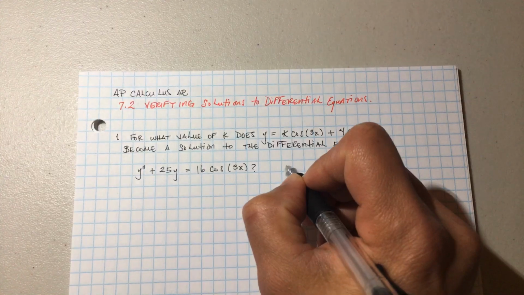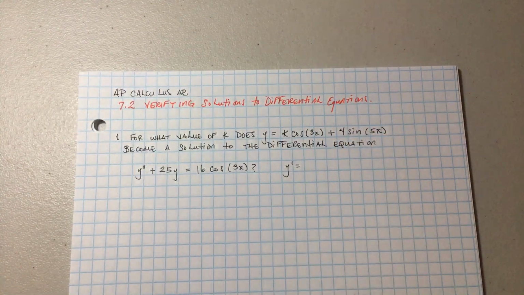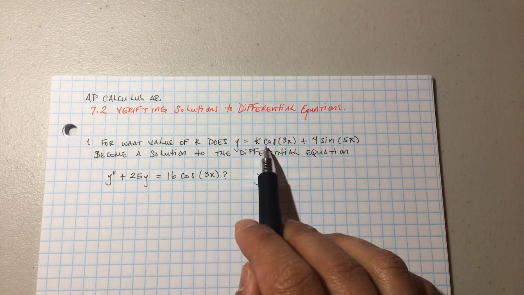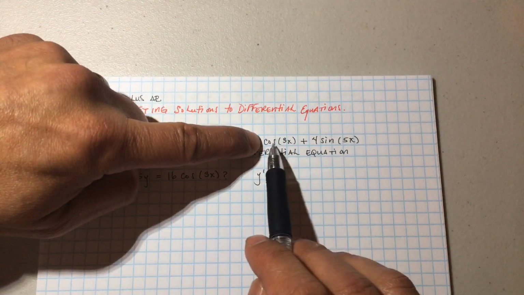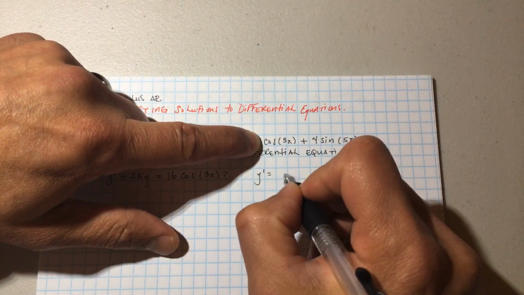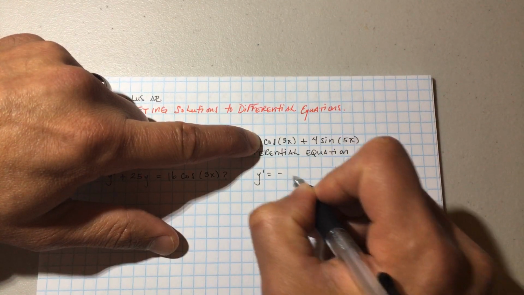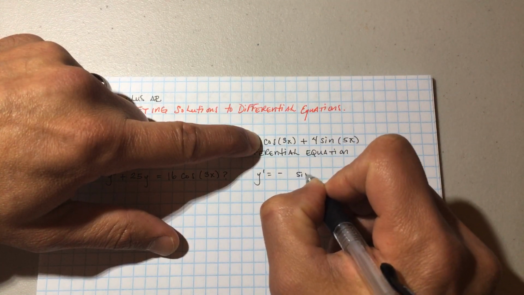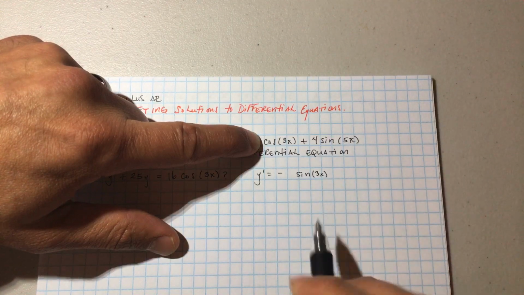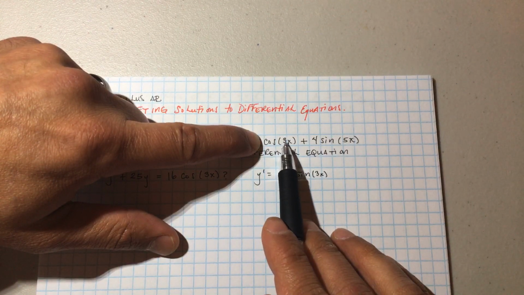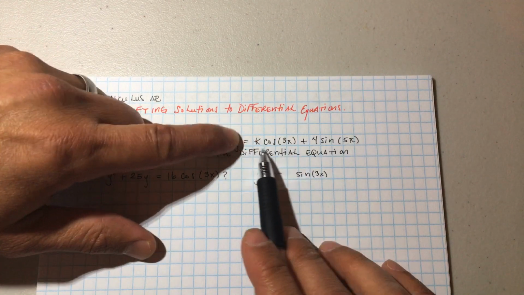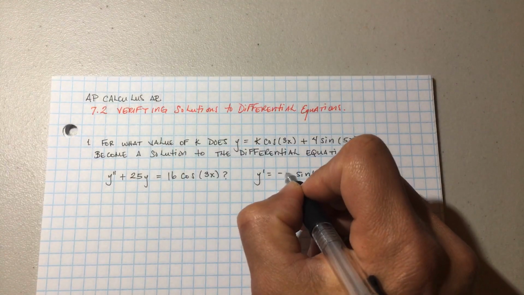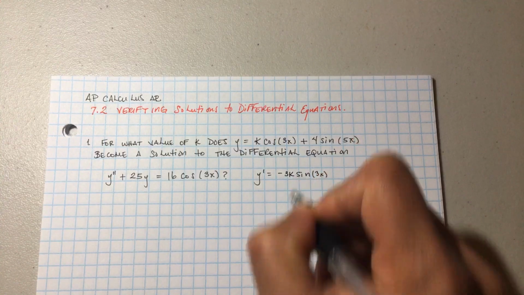So y prime, we have to take the derivative of this. Remember, the k is a constant, so we're going to cover it up. What's the derivative of cosine? Well, the derivative of cosine is negative sine of 3x. But because we have something on the inside, due to the chain rule, the derivative of 3x is 3, times the k, it would be negative 3k.